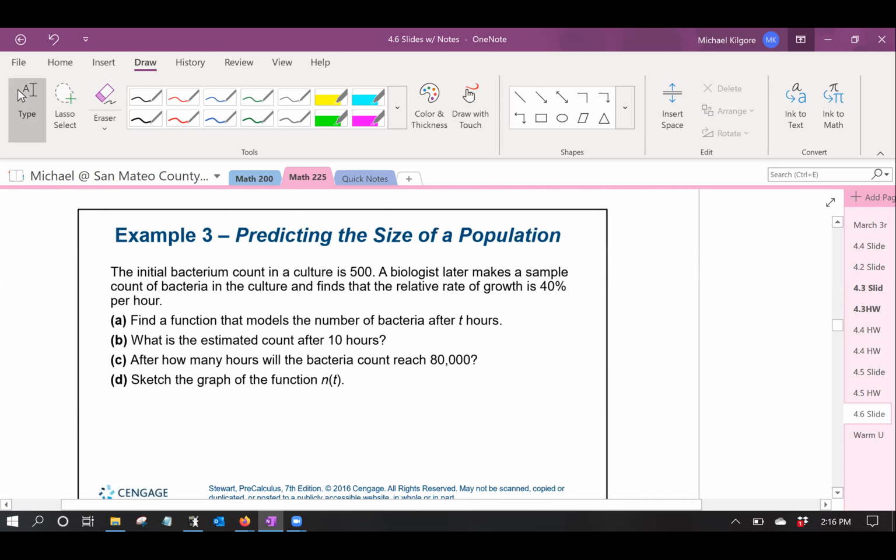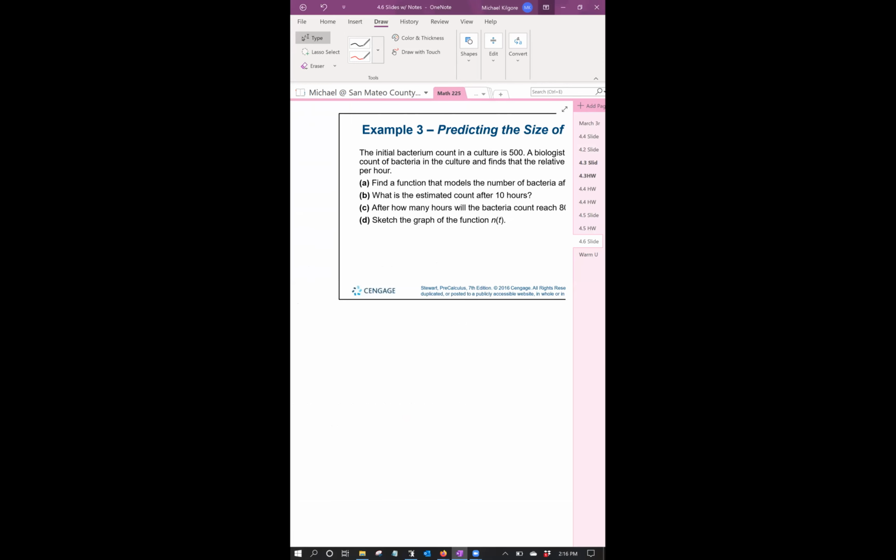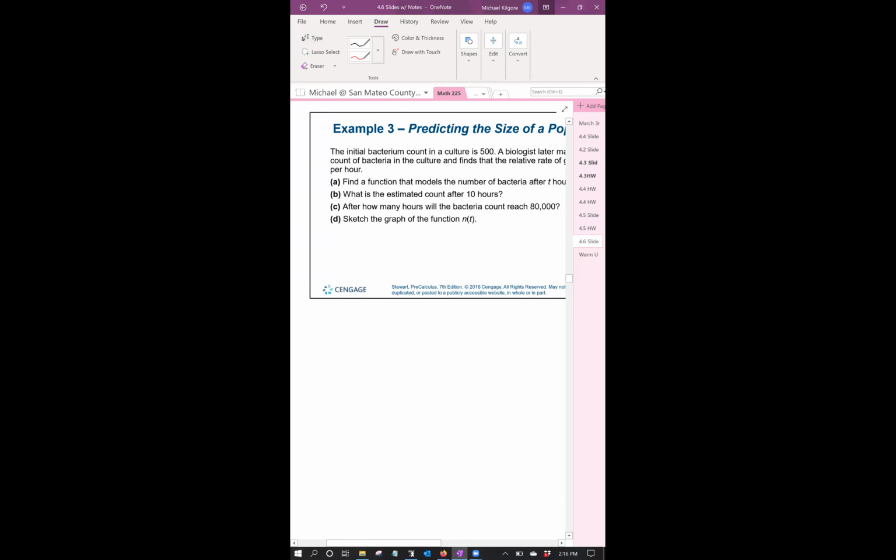Let's say the initial count of a bacteria is 500.